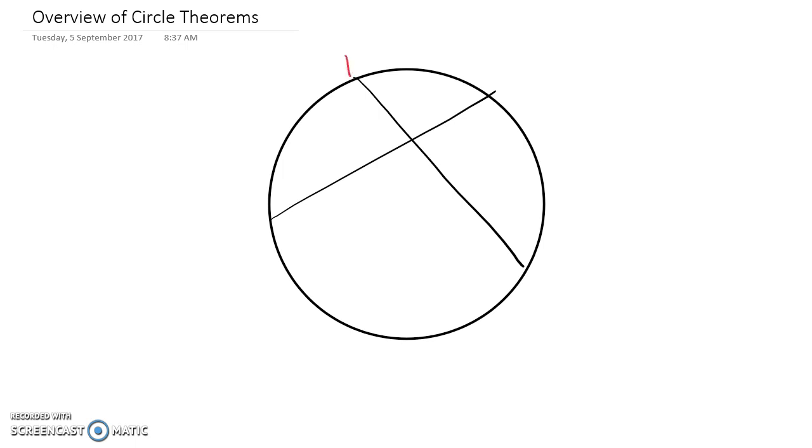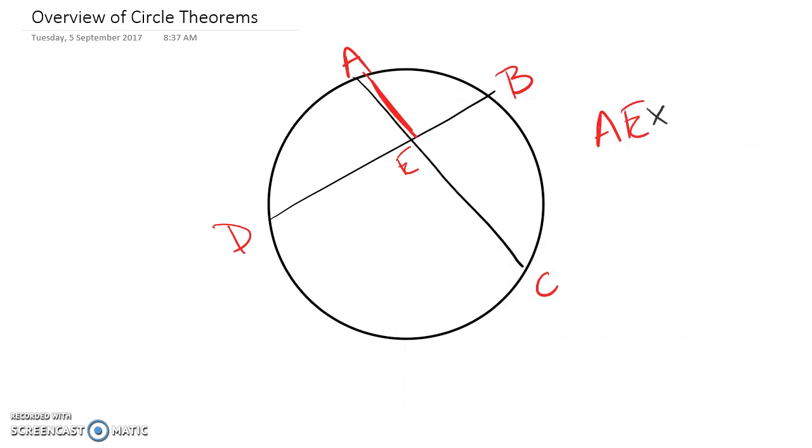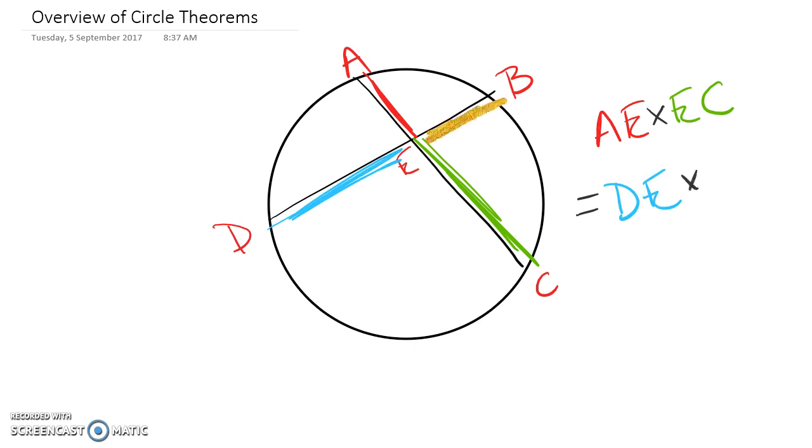So if we call it A, B, E, C, and D, this circle theorem just states if we have AE, that's our length here, and we'll multiply that by EC, there, that has to equal DE times EB. That's all of our circle theorems. I hope that helps understand them more.